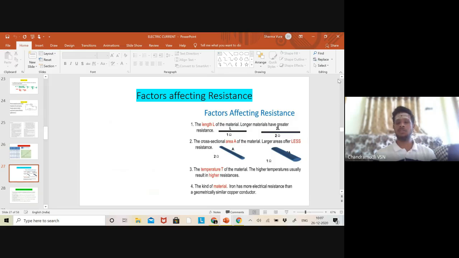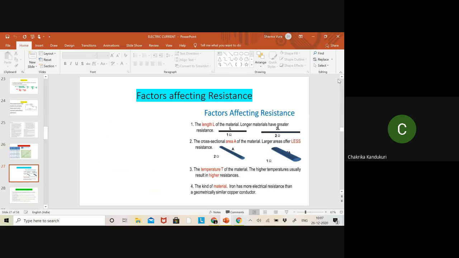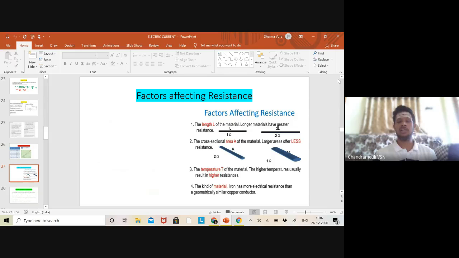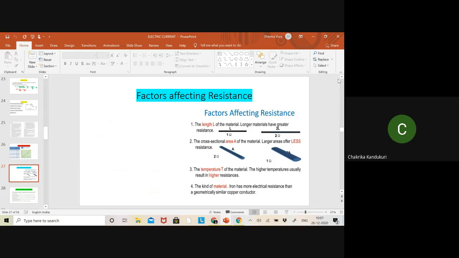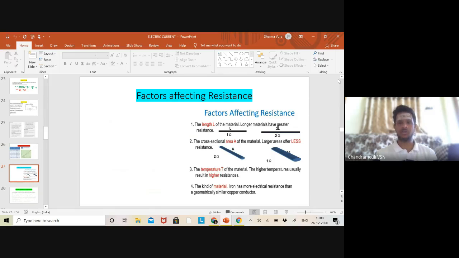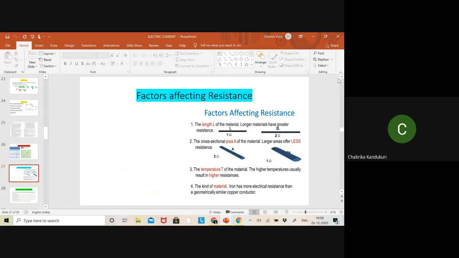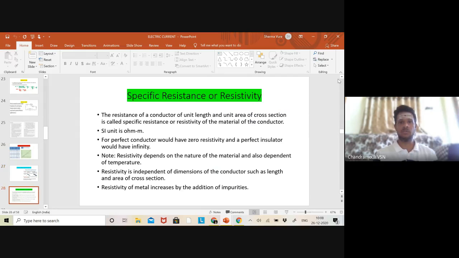Resistance is directly proportional to length and inversely proportional to area of cross section. Resistance also depends upon temperature, and fourth, it depends on material. Very good.